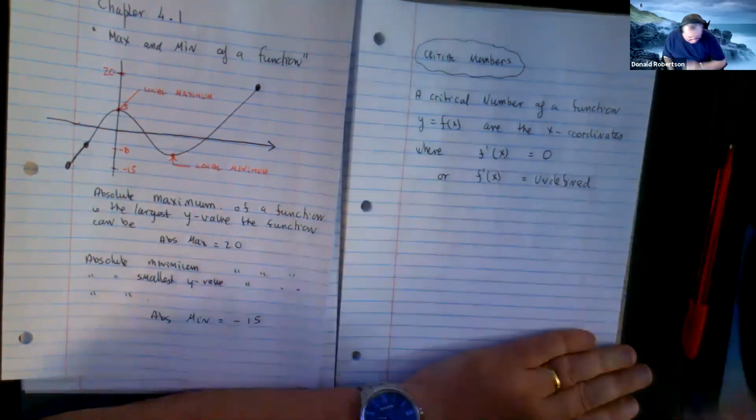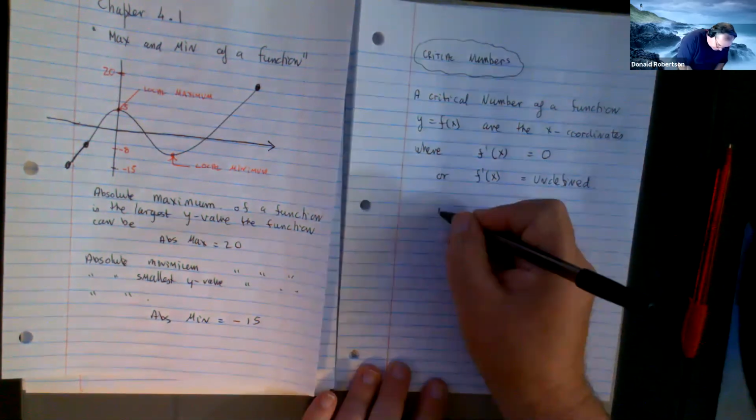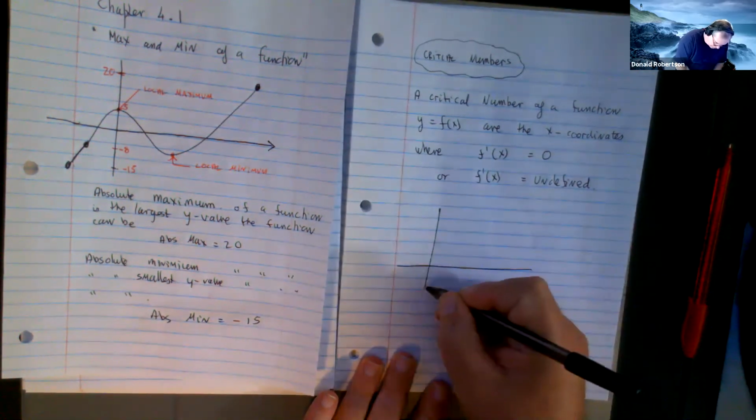And there will be quite a lot of questions in 4.1 where you're asked to find critical numbers. So what you're being asked to find are the x coordinates of a curve where the derivative is 0 or the derivative is undefined. And you might think, I wonder why they want us to find critical numbers, why they want these particular values of x. Well, let's show you why that might be a useful thing to do.